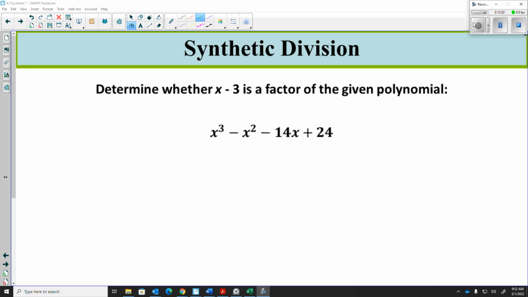Let's talk about a number. Give me a number. 14. What are factors of 14? Okay, 7. 7 is a factor of 14. How do you know that 7 is a factor of 14? Because it divides it evenly.